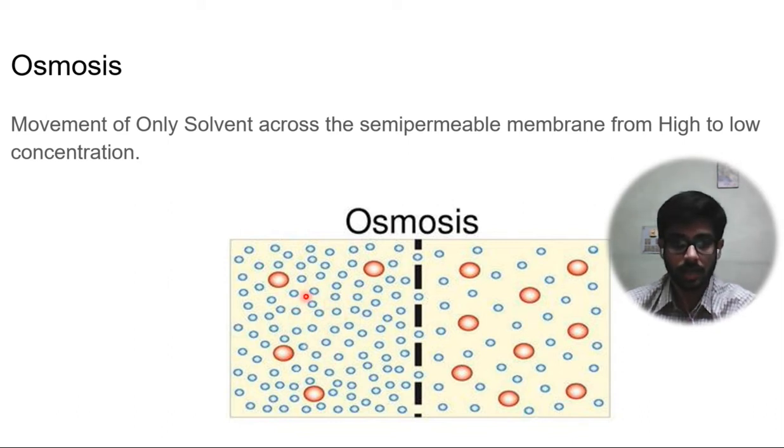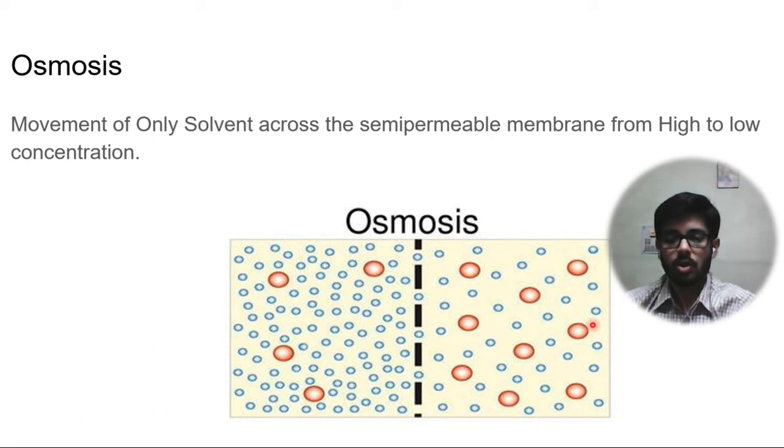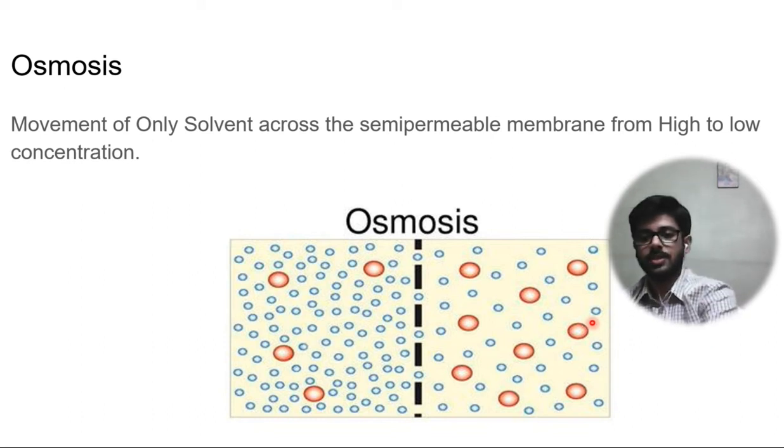But due to its larger size, the red molecule, which represents the solute molecule, cannot pass through. Okay, so this is the basic or fundamental process of osmosis, according to which we can divide osmosis into two parts, which we are going to talk about in the next slide.